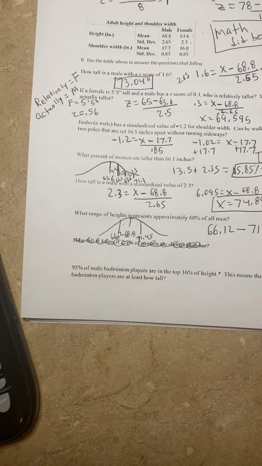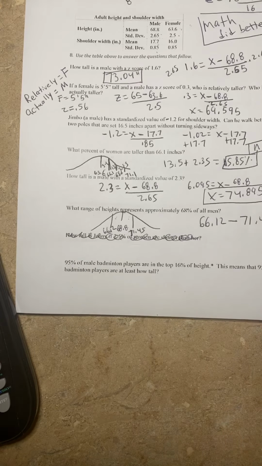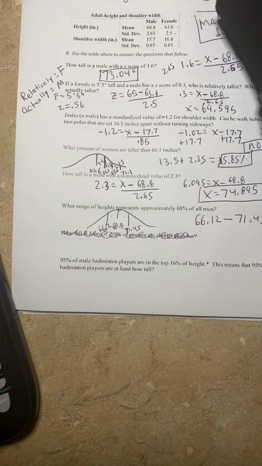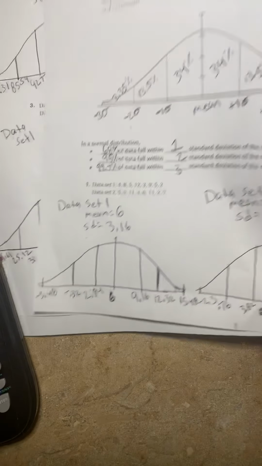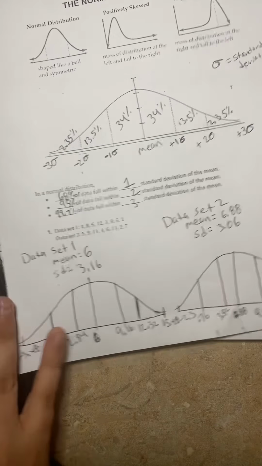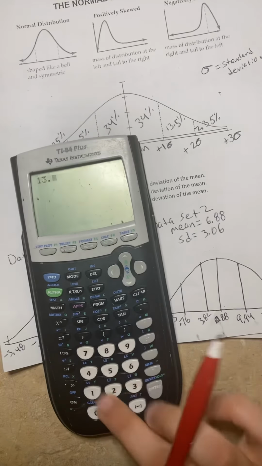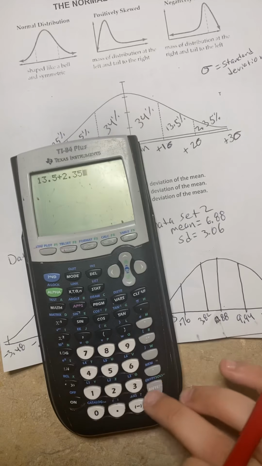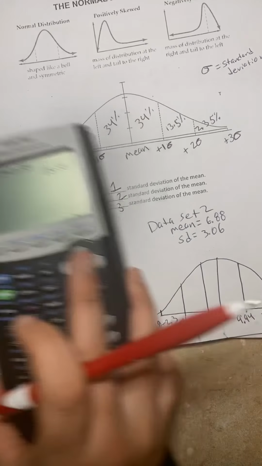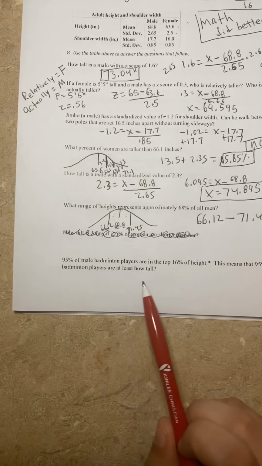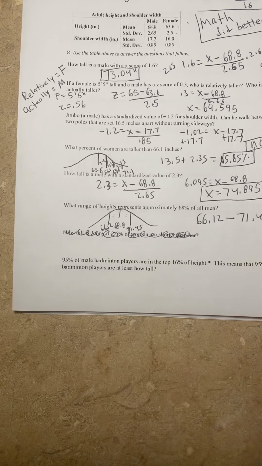Okay, so we need to know. Remember, if you look back here, this 13.5 plus the 2.35 adds up to almost a full 16%. They're in the top 16%, which means that we need to find out what those top 2 standard deviations are.